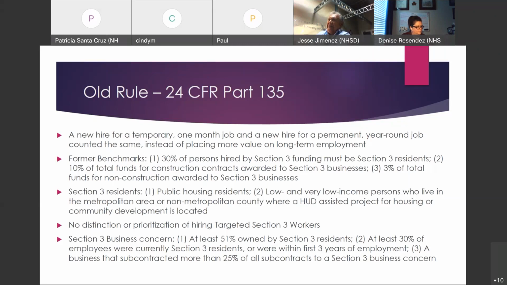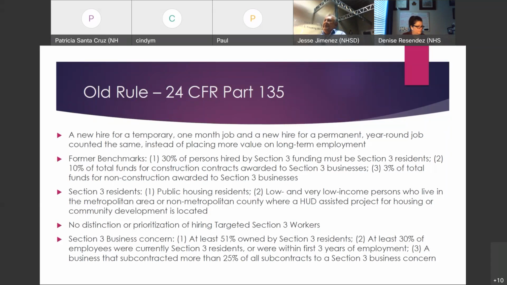Prior, a Section 3 resident was defined as one that lived in public housing or were low and very low income persons who lived in metropolitan areas where the housing community development project was located. The prior rule didn't make any distinction or prioritization for hiring targeted Section 3 workers.